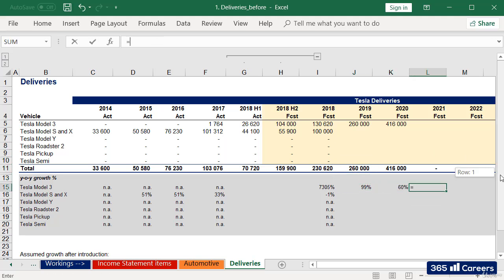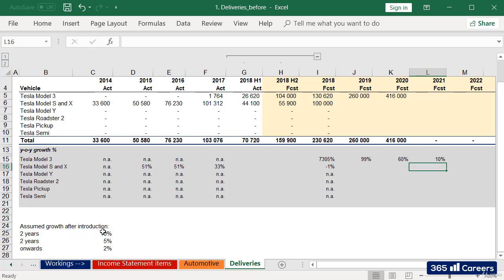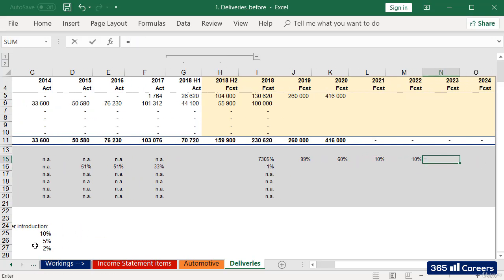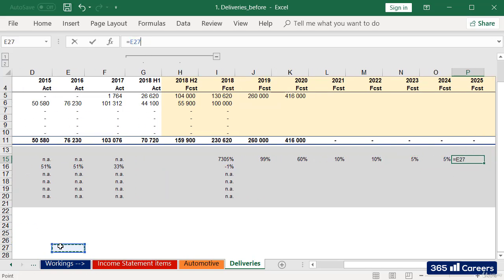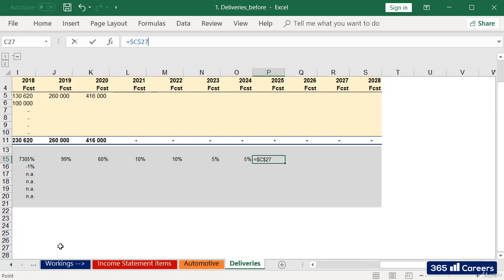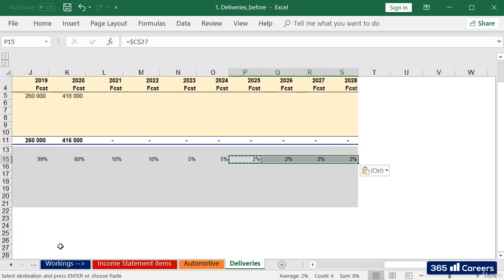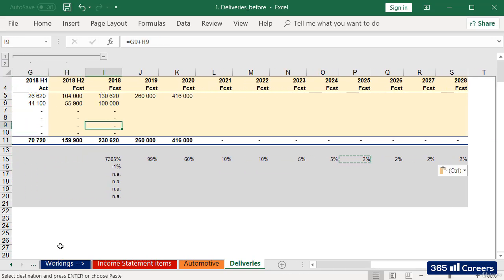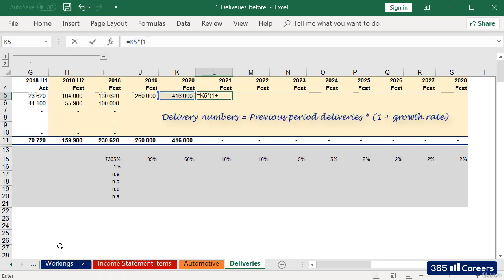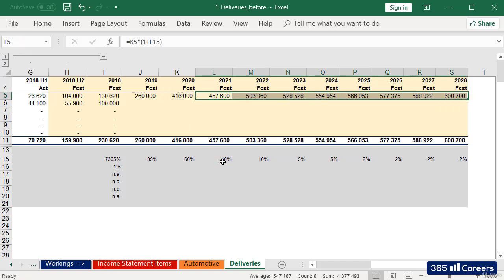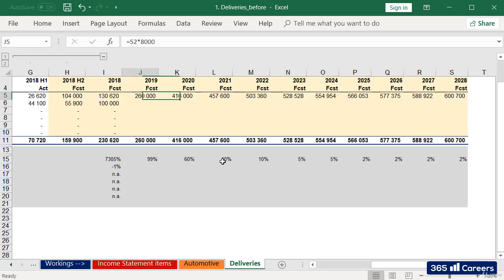After 2020, Model 3 deliveries will grow at 10% for 2 years, at 5% for another 2 years, and at 2% from that moment onwards. These growth percentages make it easy for us to calculate actual deliveries. All we have to do is multiply the growth percentage by 1 plus deliveries from the previous year.